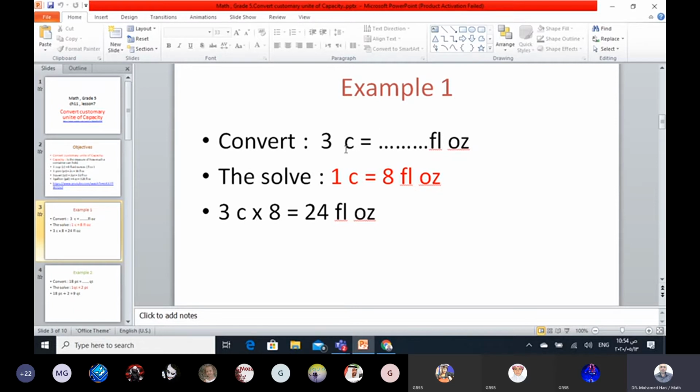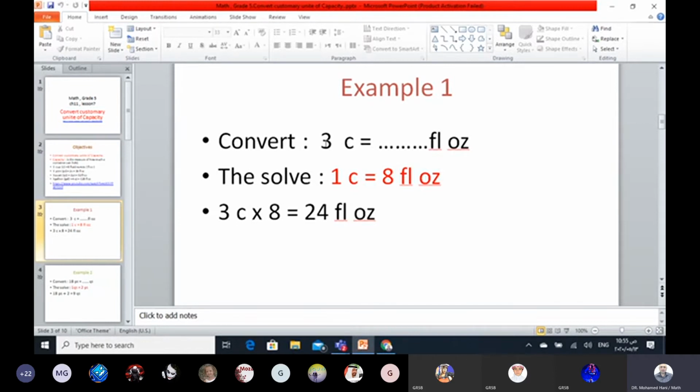The first idea is the relationship between the cup and the fluid ounces: each 1 cup equals 8 fluid ounces. And the cup is a greater unit than the fluid ounce, so we must multiply, because we want to convert from the big unit to the small unit.